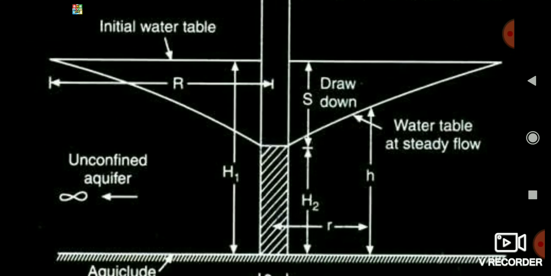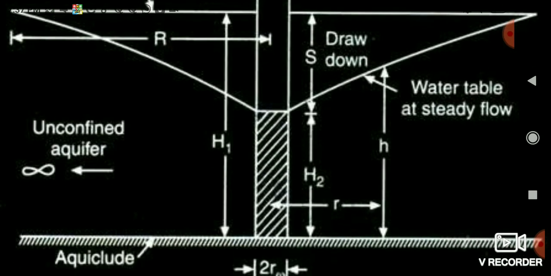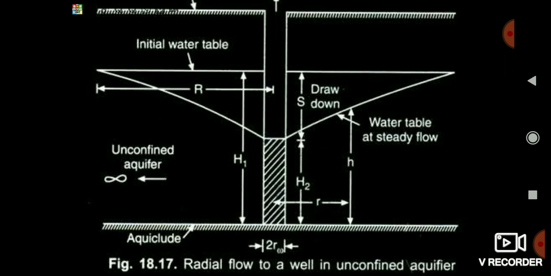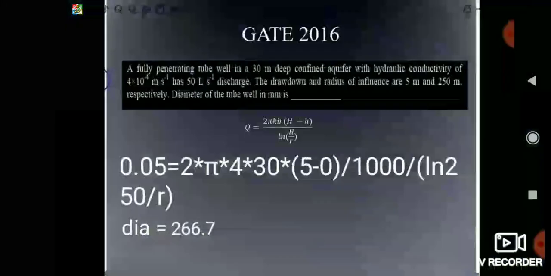Here radius of influence is the capital R, and you can see that at a capital R distance from the well, the drawdown is 0. And another thing you see here, at a distance of a small r, the drawdown is S. Means at the radius of cone, the drawdown is 0, and at the surface of well, the drawdown is highest, that is S.